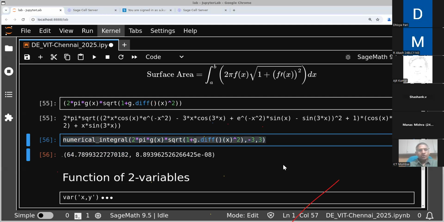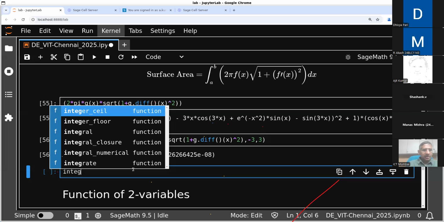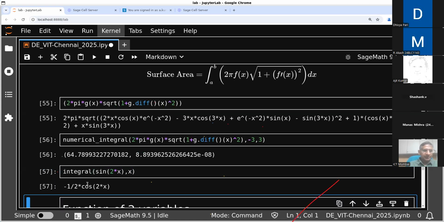So where is the chart? Let me copy this. So not only can you find the integral symbolically, but you can also find the integral numerically, because not everything is simple. If I say integrate of, let us say, sine of 2 star x with respect to x, then it will give me the result.